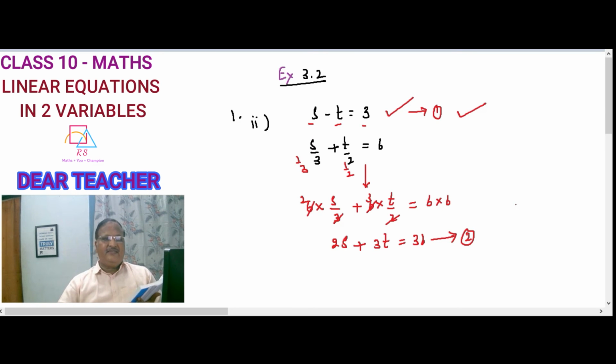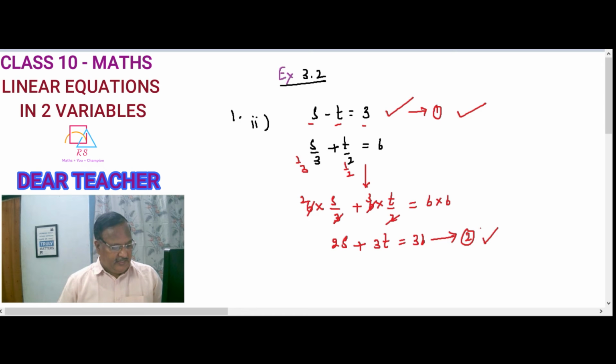So this is the first equation and this is the second equation. Then it will be easy for you. Even without doing this you can do it, but you have to be very cautious.